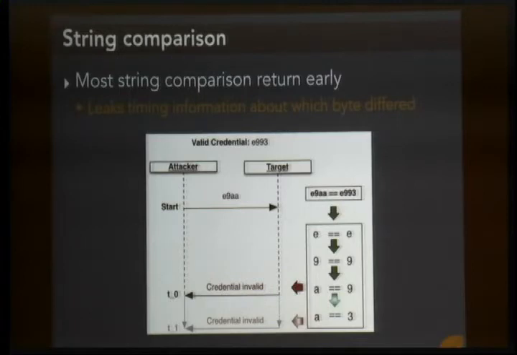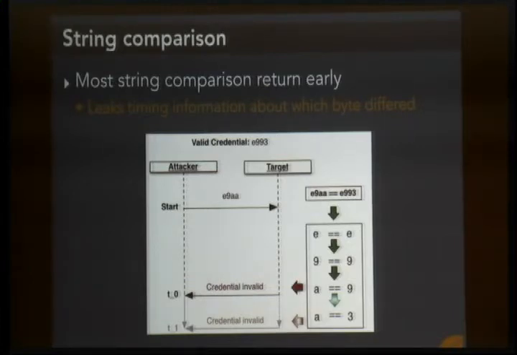So here we have an attacker interacting with a target, and the attacker is sending a credential over to the target, which is E9AA, and the target is comparing this to this sensitive credential E993. We see over here on the left side that this comparison is actually happening one byte at a time. So when the target sees that the third byte is different, it immediately responds and says that the credential is invalid.